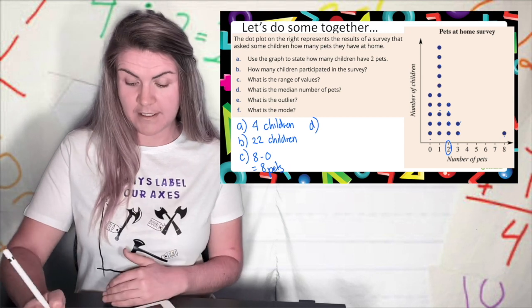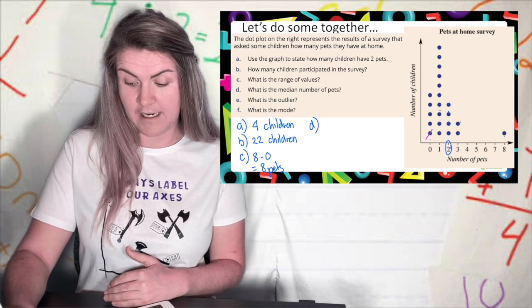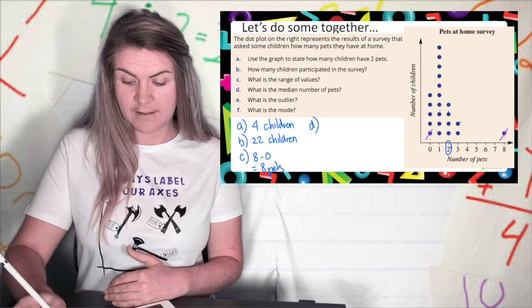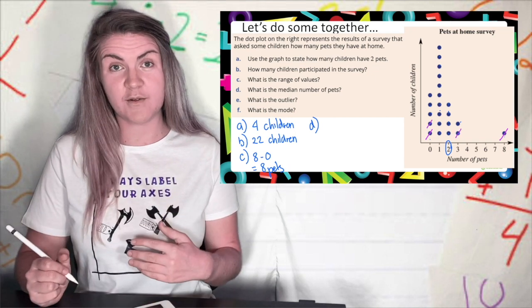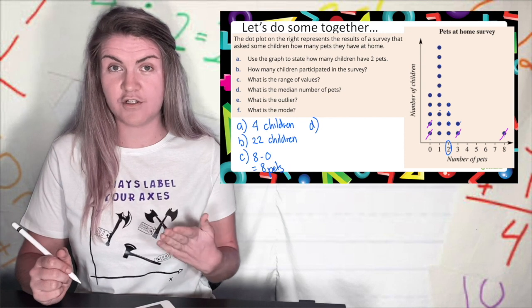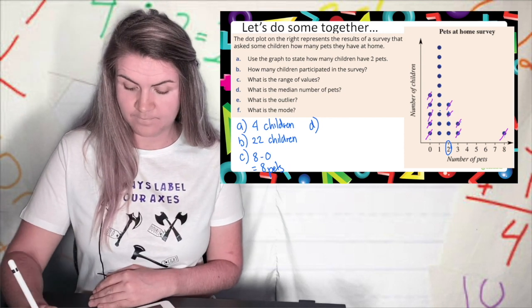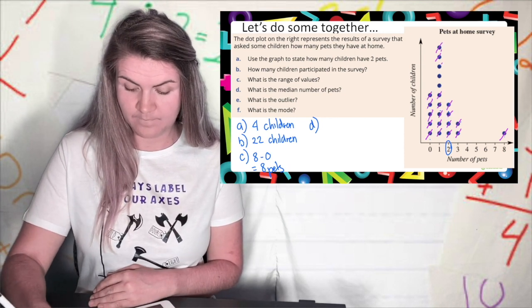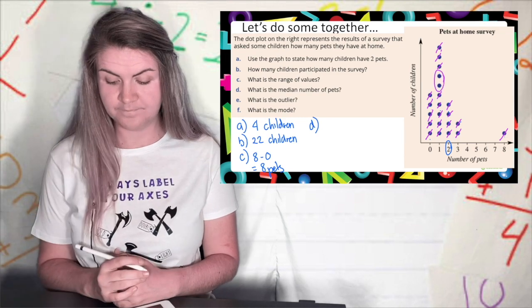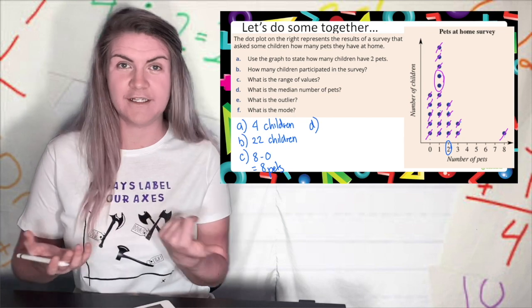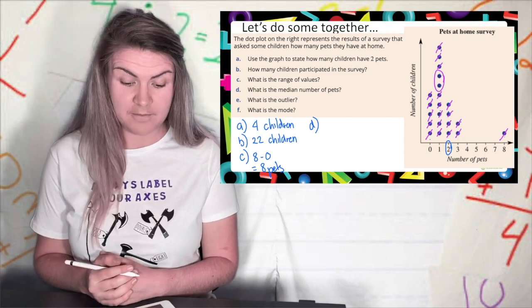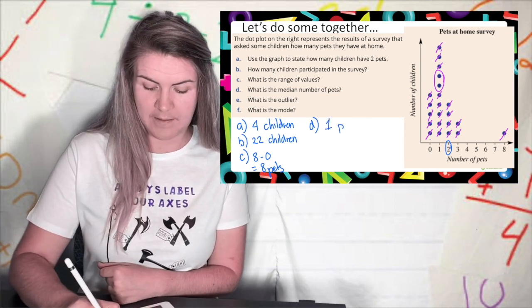So my lowest number is 0, and then my next highest is 8. Then next lowest is 0, and the next highest is 3. And I just could keep doing this until I have only 1 or 2 dots remaining. My 2 dots remaining are both in the 1 column, and the middle of 1 and 1 is 1. So my median value is 1 pet.